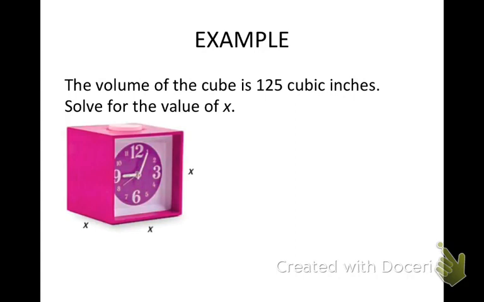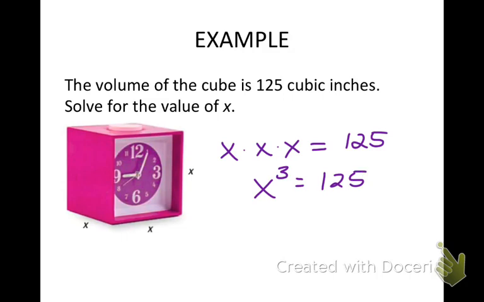Don't we just do length times width times height? So what do we get when we take length times width times height? Not 3x, try again. That's adding. X cubed equals 125.